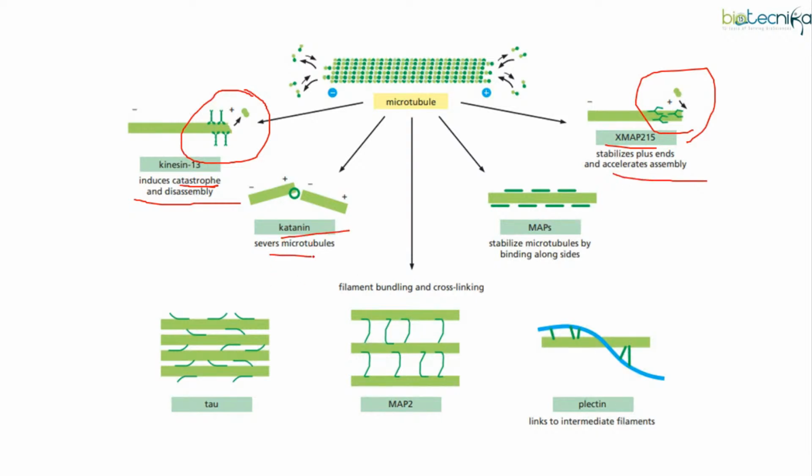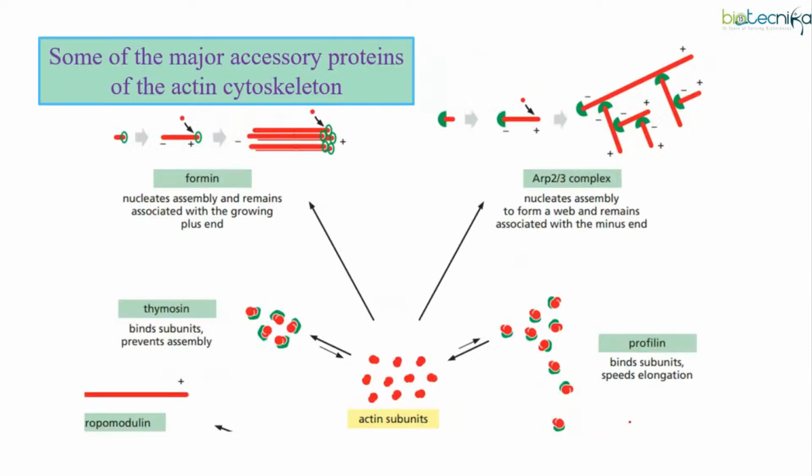Katanin breaks down the microtubule. MAPs, microtubule associated proteins, as the name indicates, stabilize the overall microtubules. Then you have some filament bundling proteins, some cross-linking proteins, and some that can attach with other cytoskeletal systems. So these are examples for microtubules.